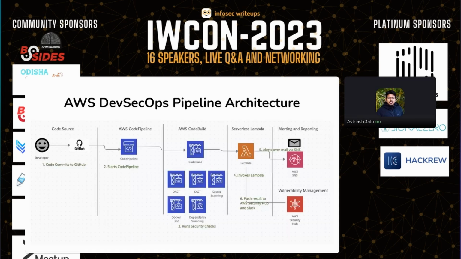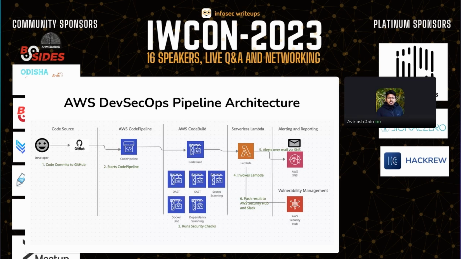This is the detailed architecture of our framework. This is how it looks. Firstly, there is a happy developer who is ready to push code, and because of the GitHub webhook, which tells AWS CodePipeline in real time that some changes have been made to our code repository, it in turn starts AWS CodeBuild, where all those security checks are written, whether it is DAST, SAST, secret scanning, or Docker linting.